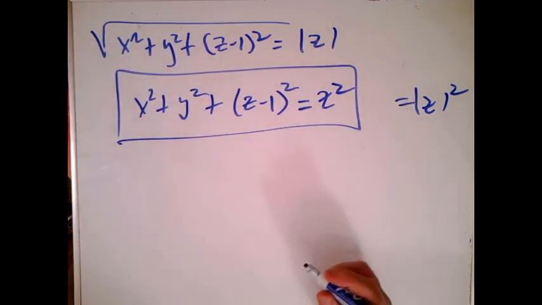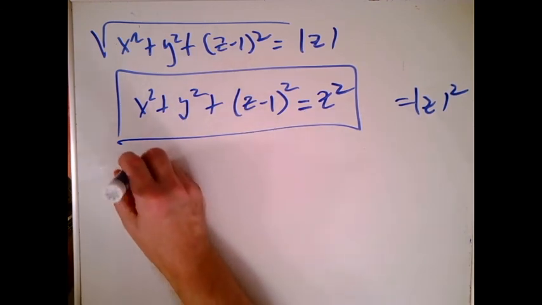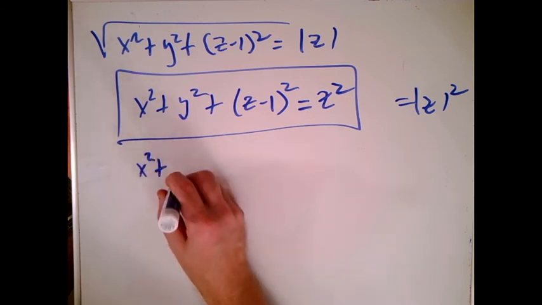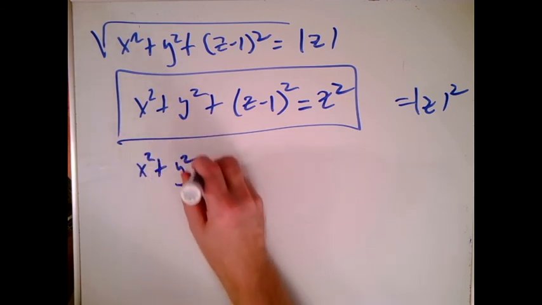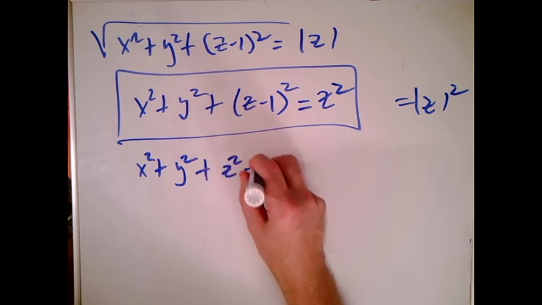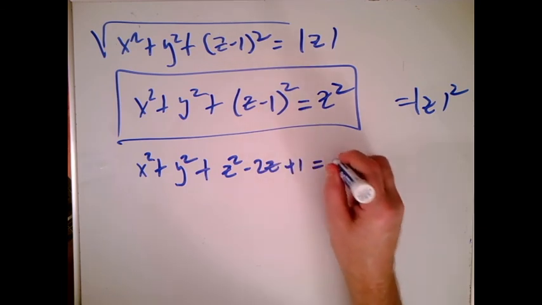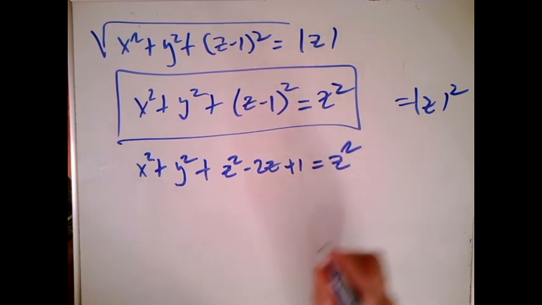Now, that certainly is algebraic, but I don't recognize it yet. I can expand that middle thing there, so I'm going to try that. This is exactly what you did when you did conic sections back in algebra. This is going to be z squared minus 2z plus 1 equals z squared.